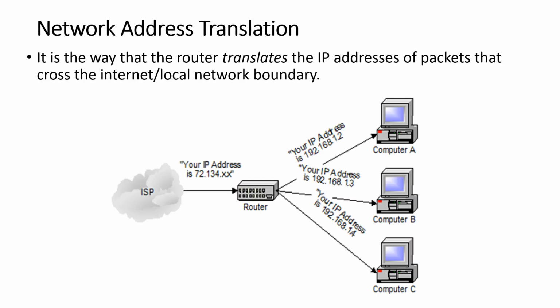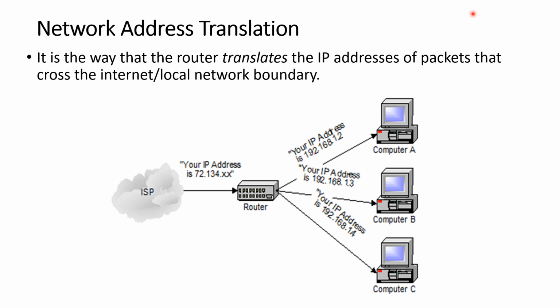NAT allows multiple devices on a private network to share a single public IP address for internet access. When computer A with a private IP address of 192.168.1.2 sends a packet to the internet, the router replaces this private IP address with its own public IP address assigned by the internet service provider.